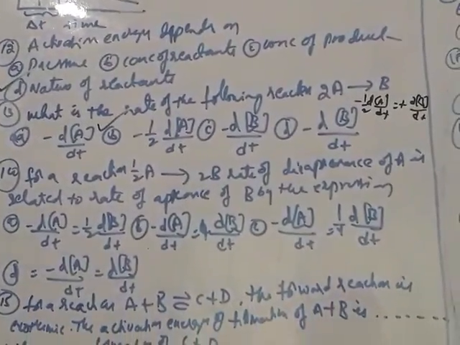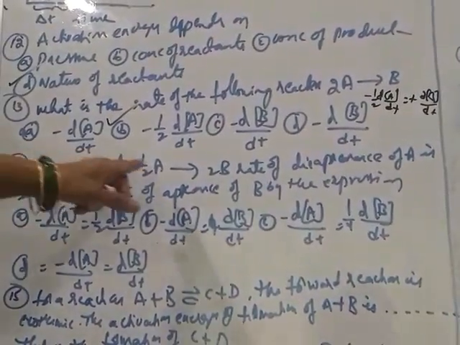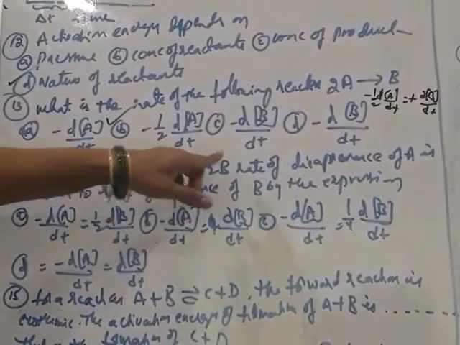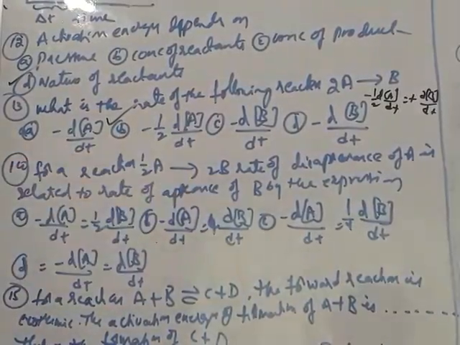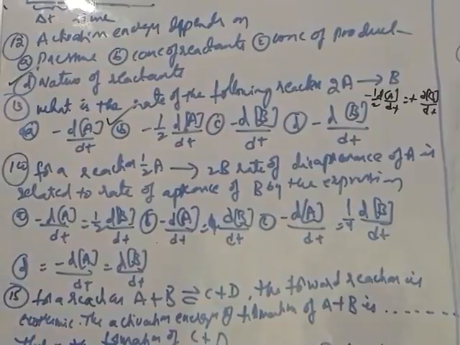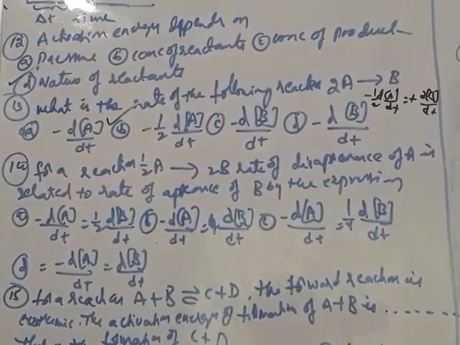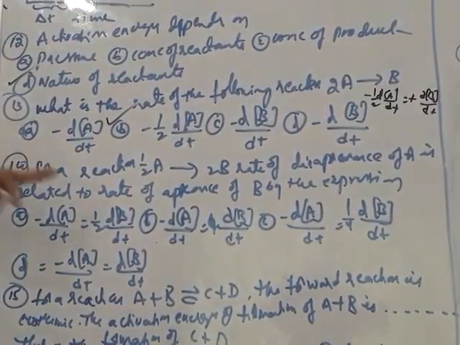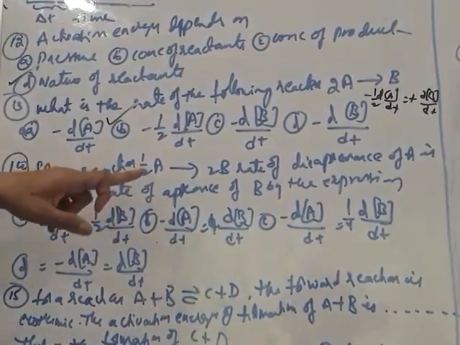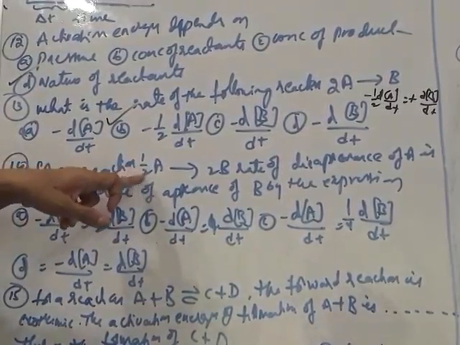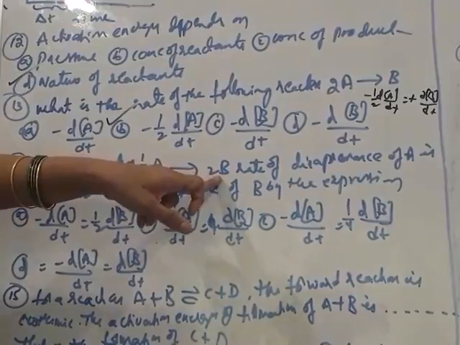Next, for a reaction, half A gives 2B. Rate of disappearance of A is related to rate of appearance of B by the following expression. Okay. So, if you write the rate of reaction for this, here half mole is there, and here 2 moles are there.